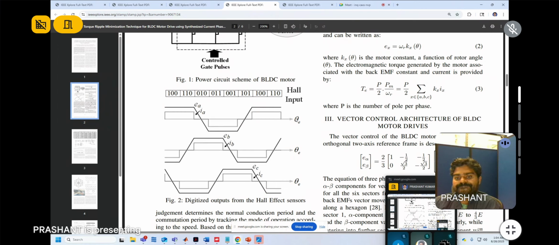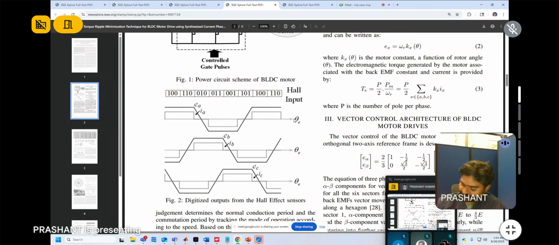Once we have theta, we can obtain speed by differentiation, or, going from speed to theta, by integration.